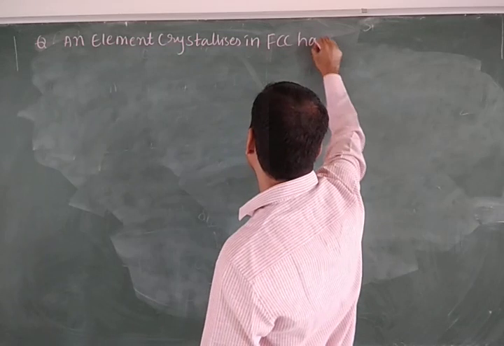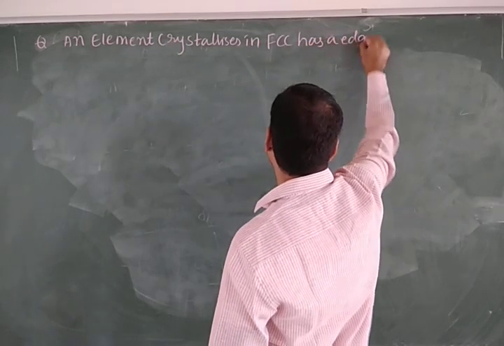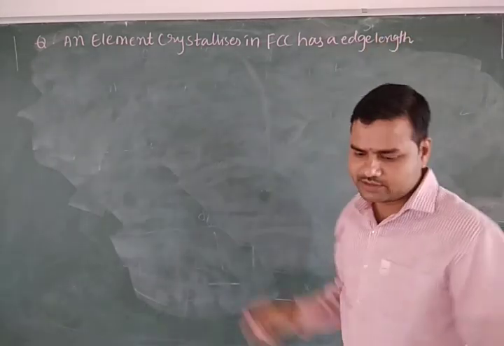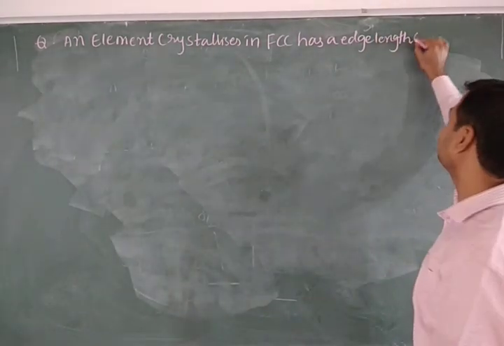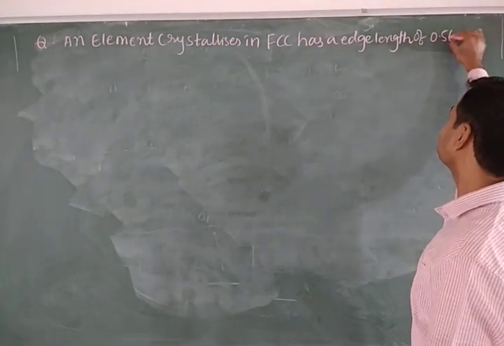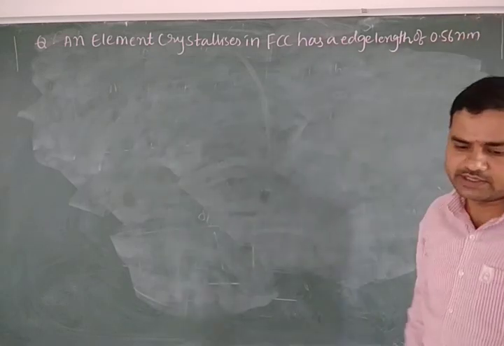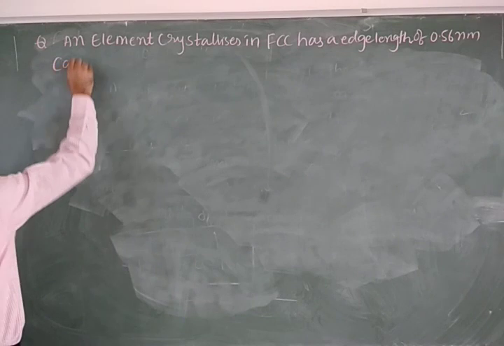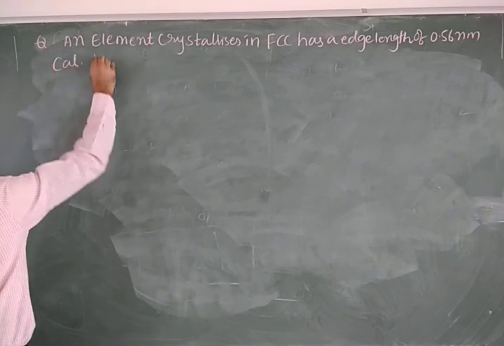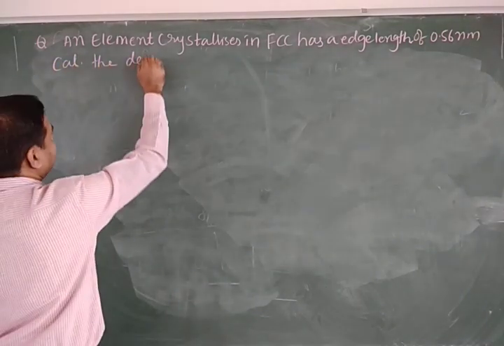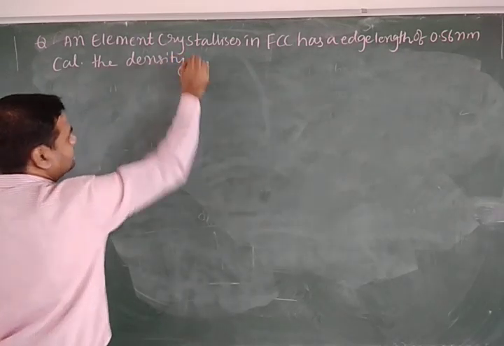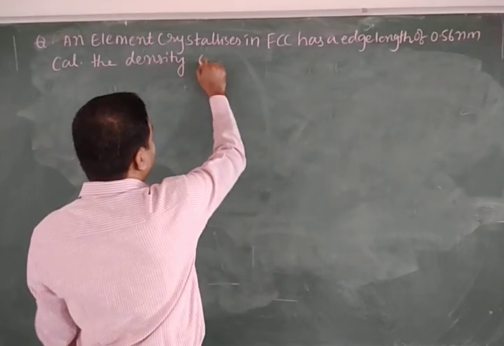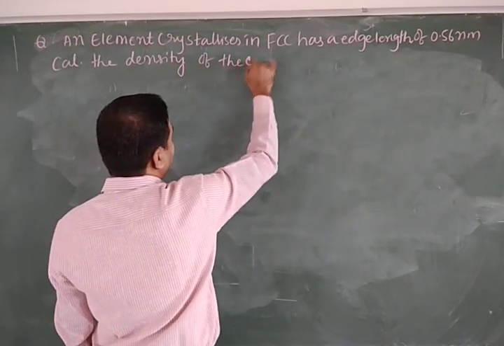FCC has an edge length value given, that is, edge length of 0.56 nanometers. Calculate the density of the element.